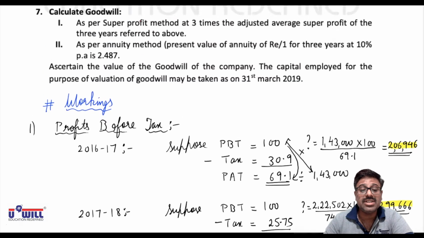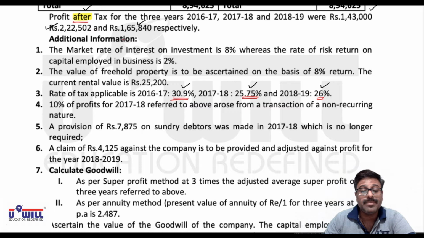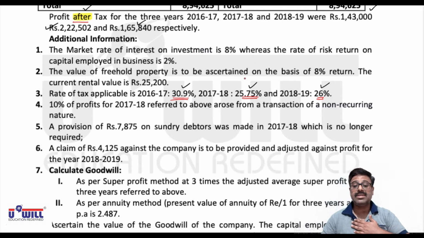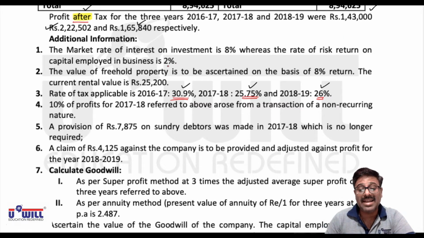Now look at the further adjustments. Adjustment 1, additional information. The market rate of interest on investment is 8%, whereas the rate of risk return on capital employed in business is 2%. That means in the market, everyone in this business is earning 8% on the money they have invested.